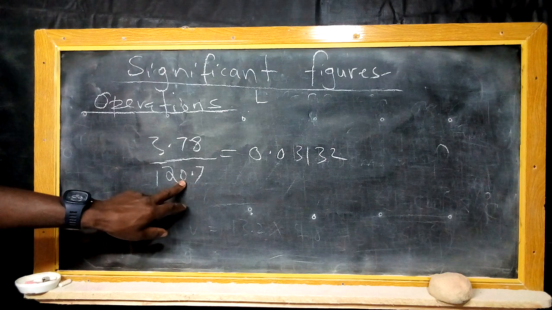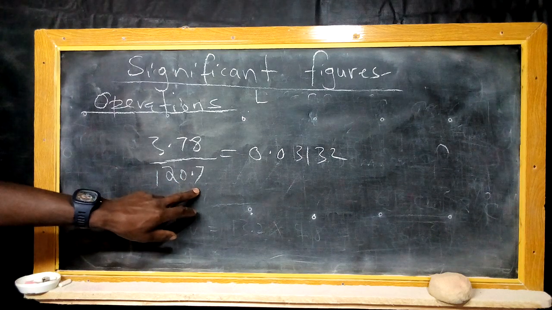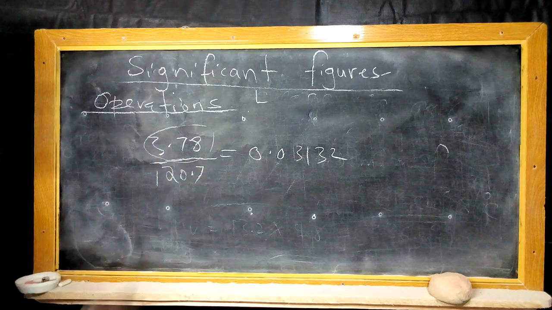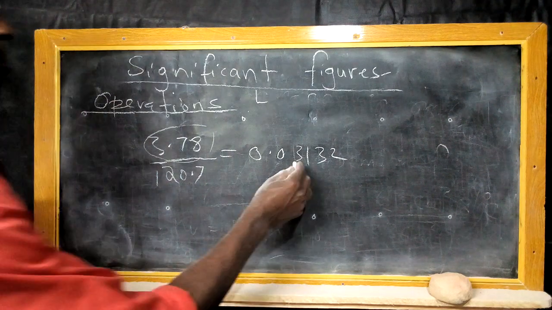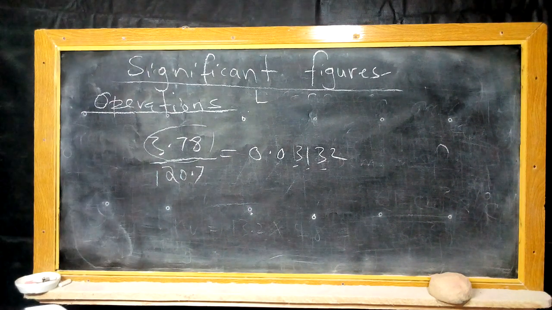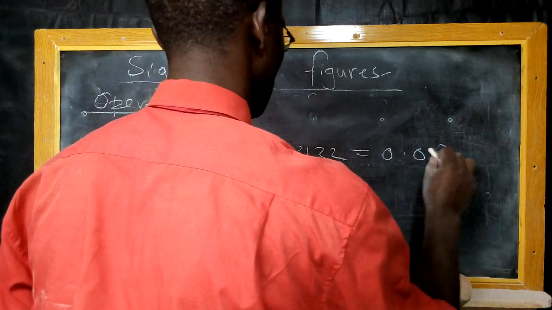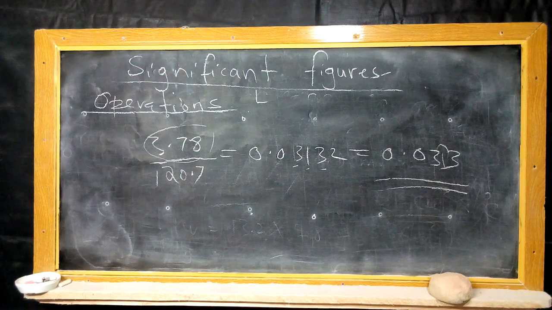This 0 is between non-zero digits, so it's significant. Since this has 4 significant figures and the other has 3 significant figures, the answer is going to be expressed in the number with the least significant figures, which is 1, 2, 3. So in that case, the answer will be 0.0313 in its respective units, maybe centimeters, etc.